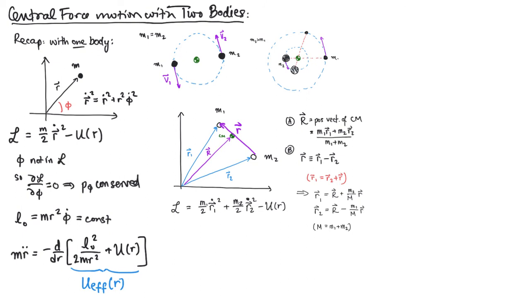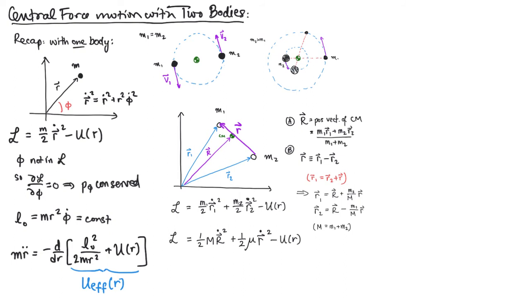So once you've made these substitutions, we can now rewrite the Lagrangian in terms of our center of mass and relative position vectors in the following way. 1/2 big M, big R dot squared. So that talks about the kinetic energy of the system, kinetic energy of the center of mass, basically, plus 1/2 times this new quantity mu times the relative position vector r dot squared, minus the potential.